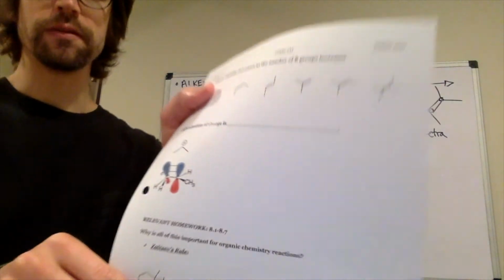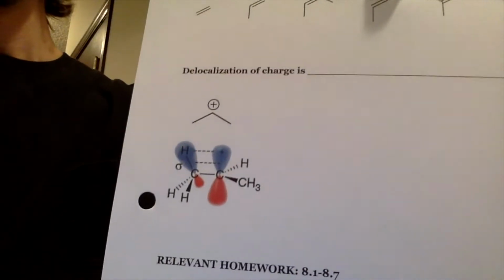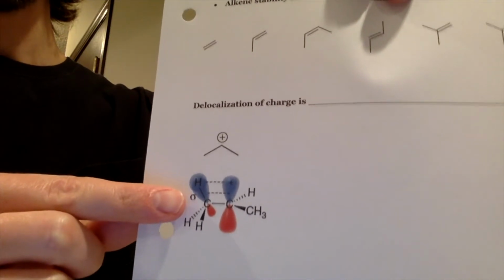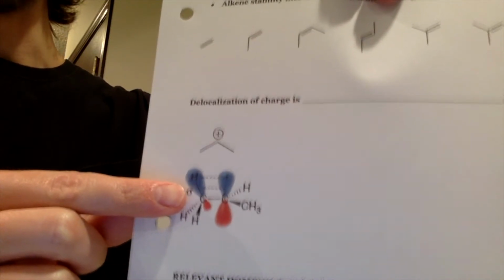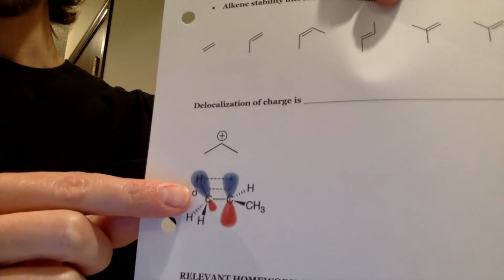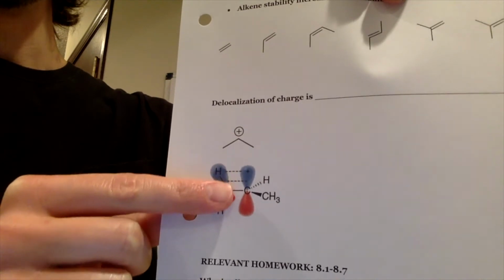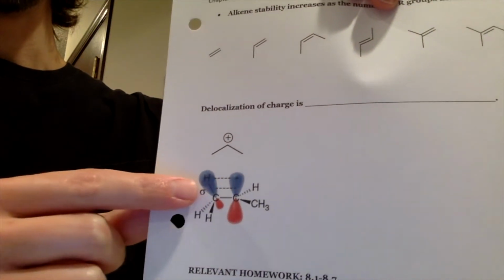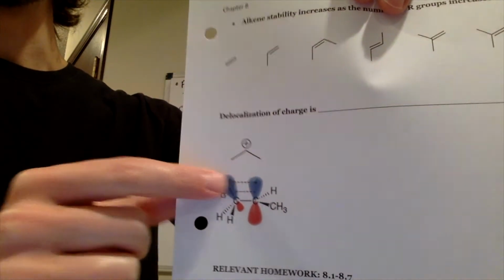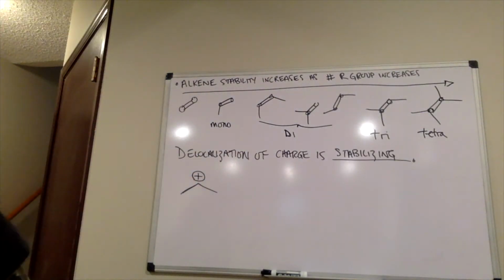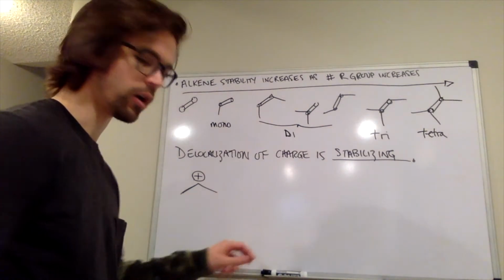And I have a figure in your notes for that. Essentially, the CH bonds are electron donating, and they can line up in the same plane as the empty p orbital of a carbocation and donate some of their electron density to that p orbital. And it turns out that the same thing is the case for pi bonds.